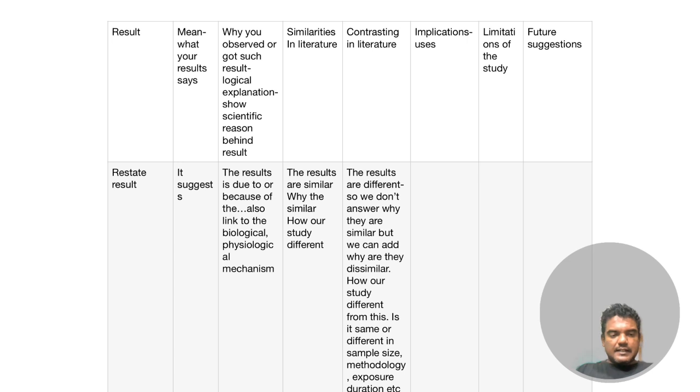Since the drug interacts with the enzyme which is very important for cell cycle progression, the cell cycle progression is further stopped by this particular drug. So when you write a result in the discussion section, we have to provide the logical explanation, the scientific reason behind the result, why the cell viability has decreased.